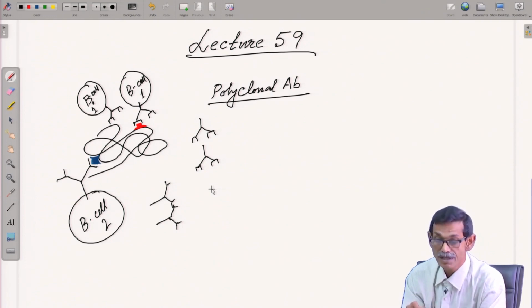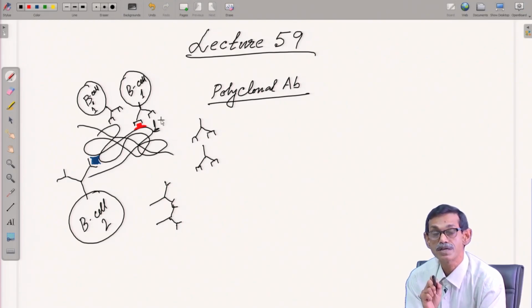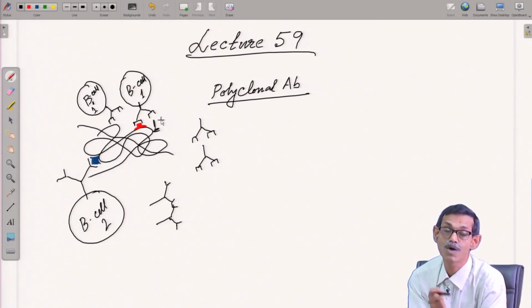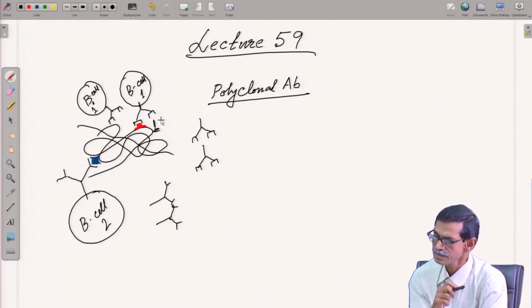Even if only one epitope is present, it is polyclonal if it is raised in an animal. We have no control. It is very unlikely that one epitope has only one B cell in the body. Even if it were so, we cannot be sure; you have to isolate, purify, sequence and then confirm. So, normally we say it is polyclonal.